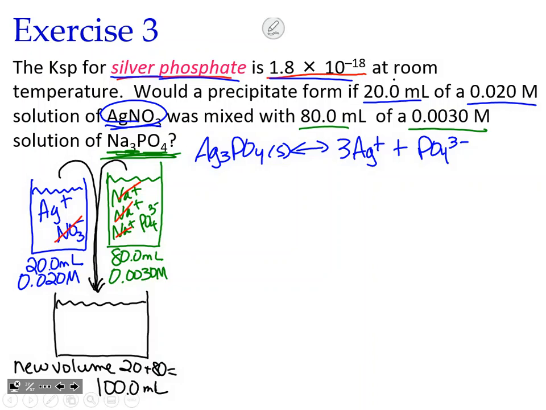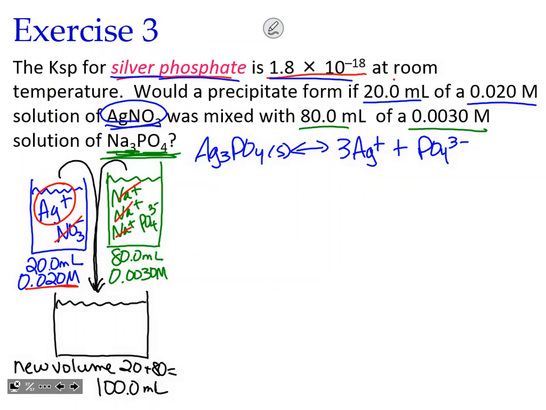And we know when we get new volumes, what happens to our concentrations? They do change. They are not what they once were. Exactly, the concentrations will change. So our initial concentration here of our silver, because this is the one we're focusing on, was 0.02.